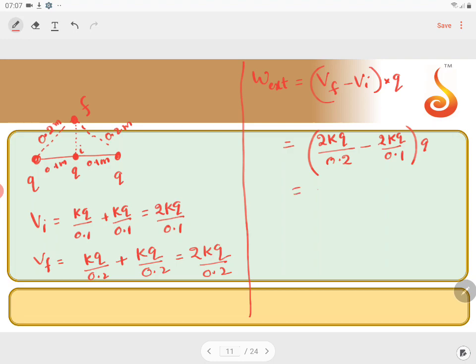What can we take common? 2Kq square we can take common here. So we'll get 1 by 0.2 minus 1 by 0.1.